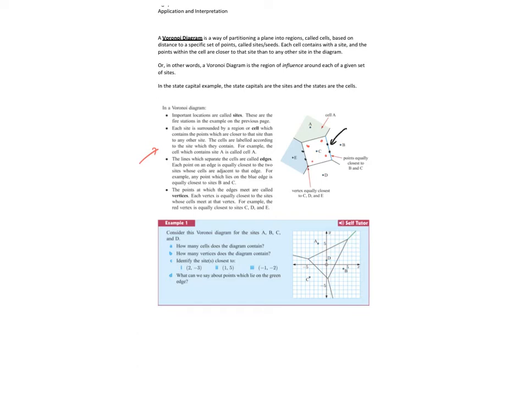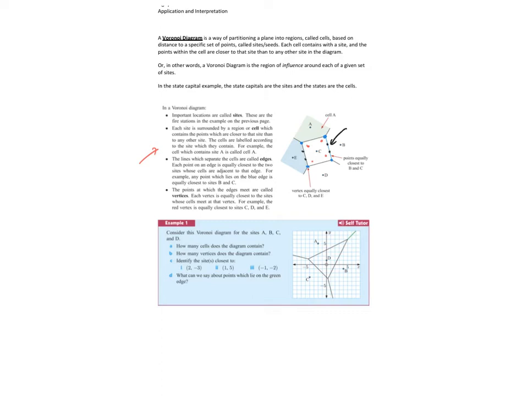So what about the vertices here? Remember vertices, we talked about that when we were defining terms in our geometry unit. The points at which the edges meet are called vertices, and each vertex is equally closest to the sites whose cells meet at that vertex.